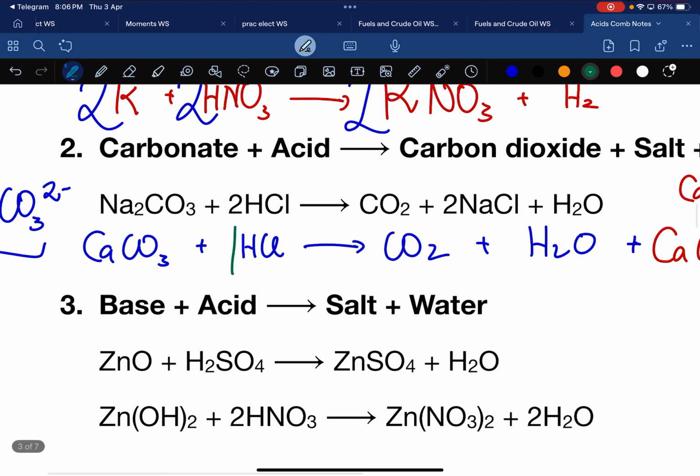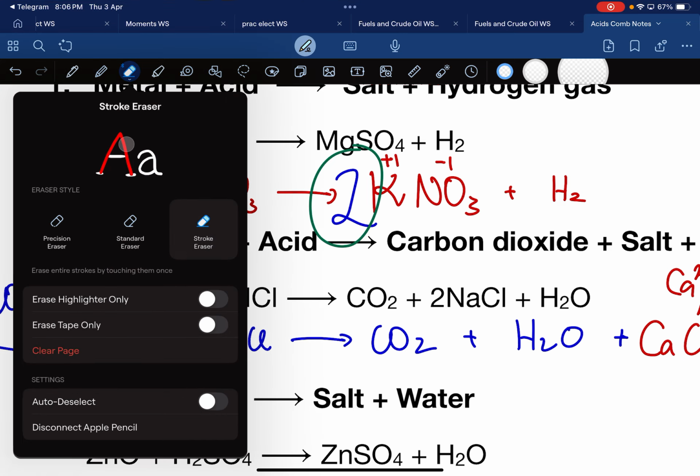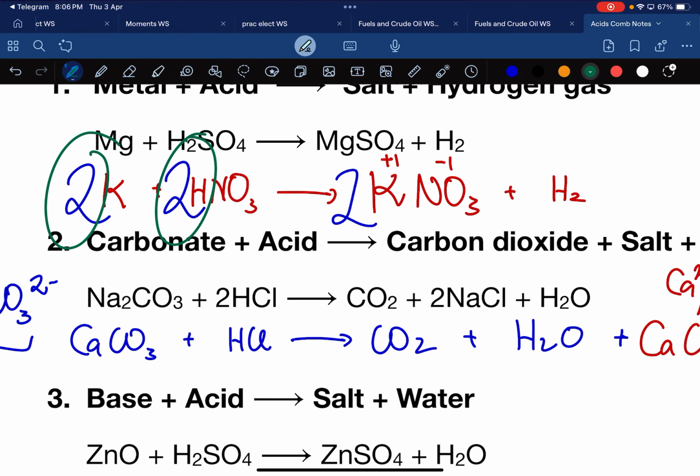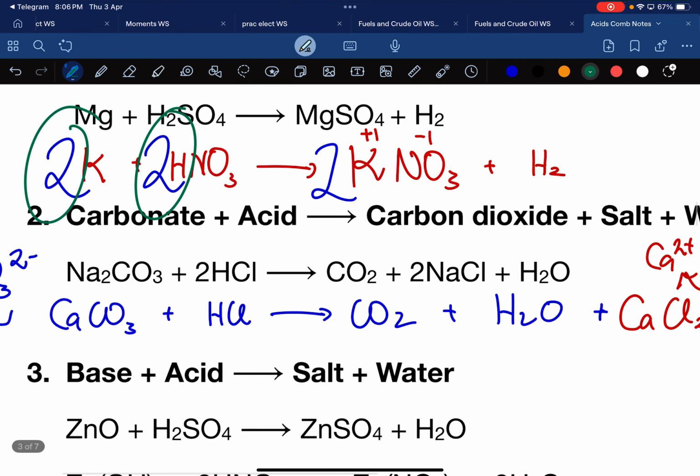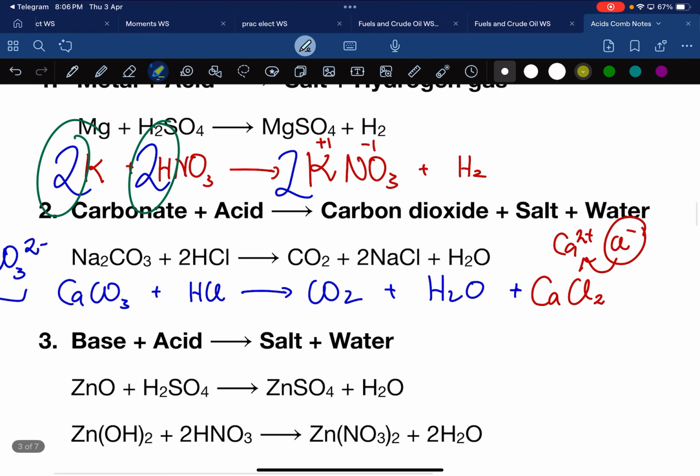You put your numbers in front of here. You see the 2 just now? Okay, then you tell me first. Left side got how many calcium? Left side got 1 calcium. Right side got how many calcium? 1. Do you do anything? No. Okay, then move on.